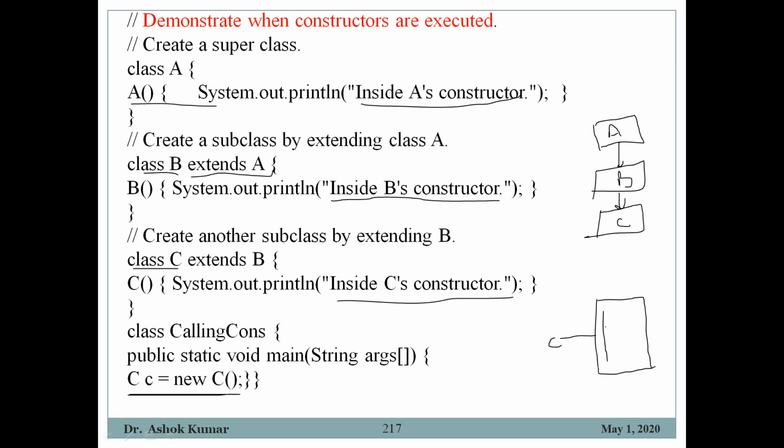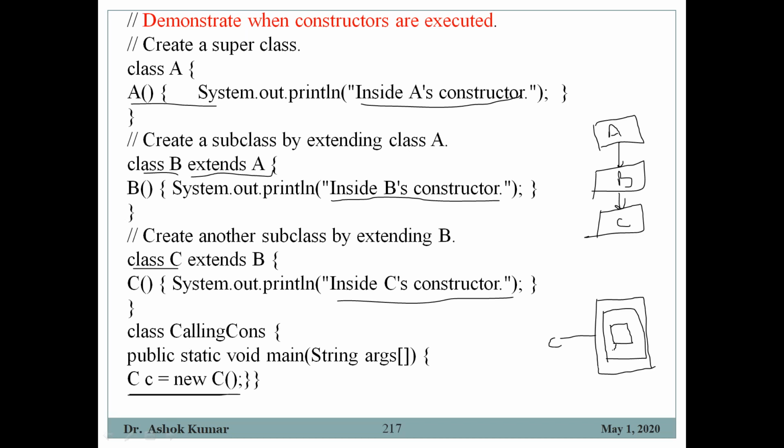In C, we have an object of B class, and in B we have an object of A class. So whenever you create the object of a subclass, automatically that object will have the object of its superclass. So this C class object will have two objects inside it: this is the B class object and this is the A class object.